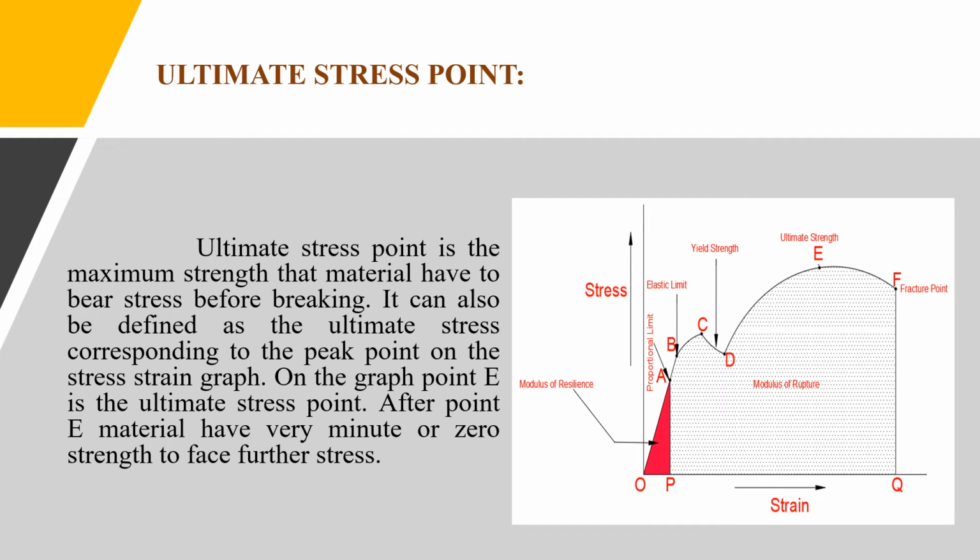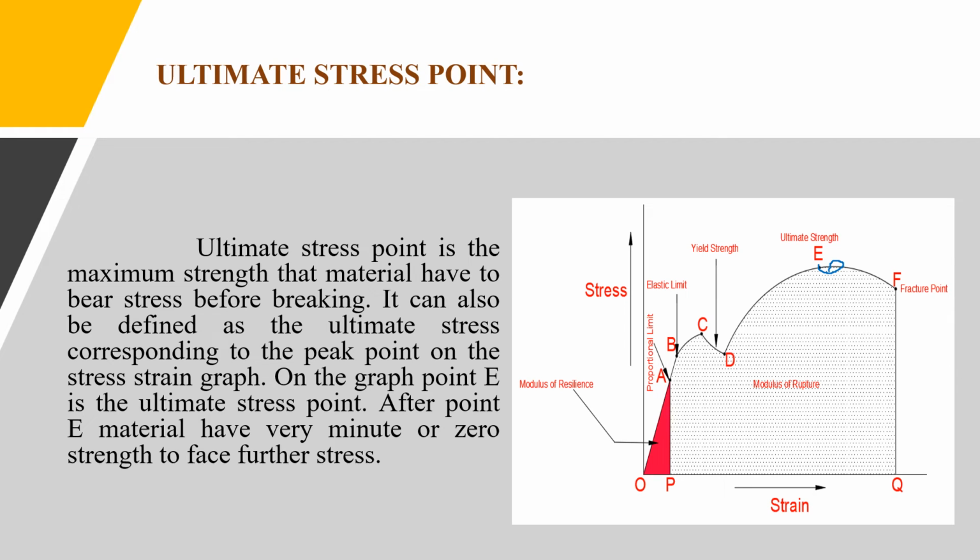The peak point is nothing but the highest point in this stress strain graph. After this point E, within a very short time, the material will lose its strength, meaning the material will fail. So this point is called the ultimate stress point or peak point. That point is capital E.